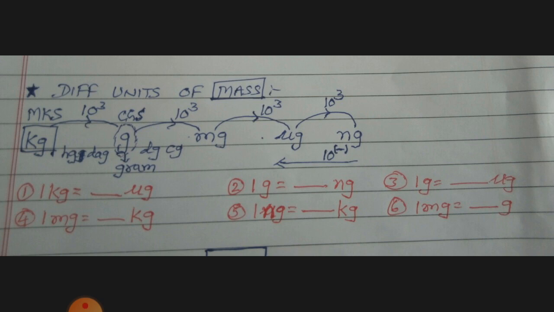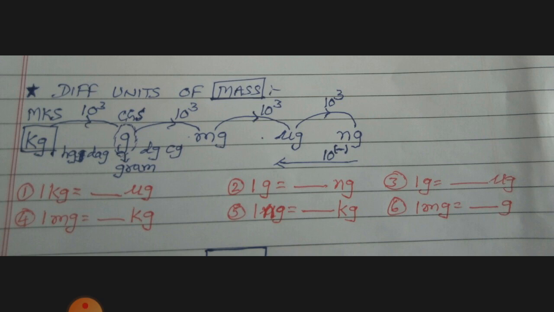Similarly, when you go from a smaller unit, that is from nanogram towards kilogram or gram, it will always be in the order of 10 raised to minus. Say for example, when you take 1 milligram to gram, 1 mg equal to dash kg, then 1 mg equal to dash grams, 1 milligram equal to 10 raised to minus 3 grams.